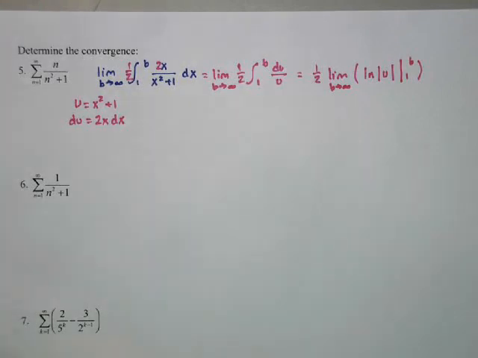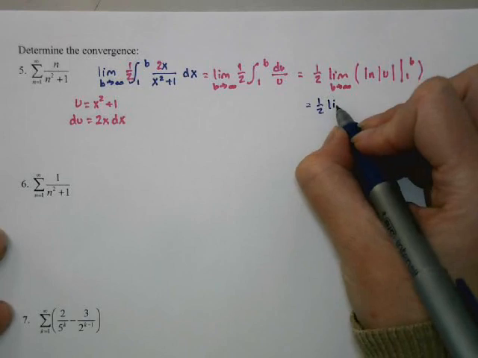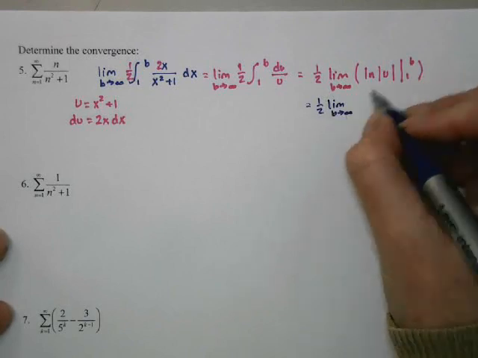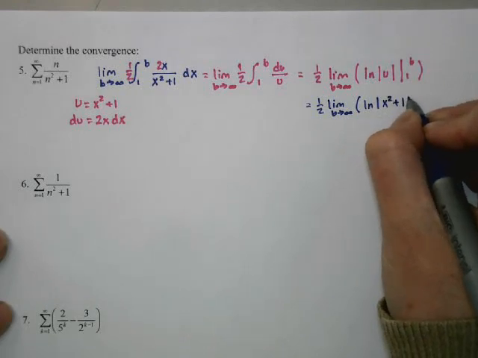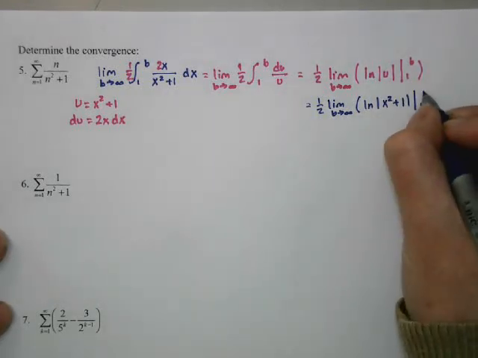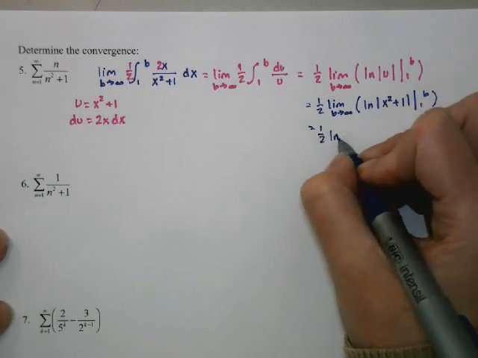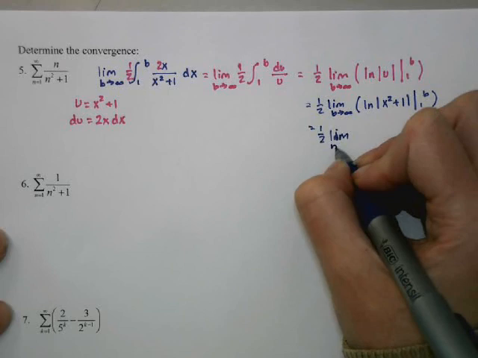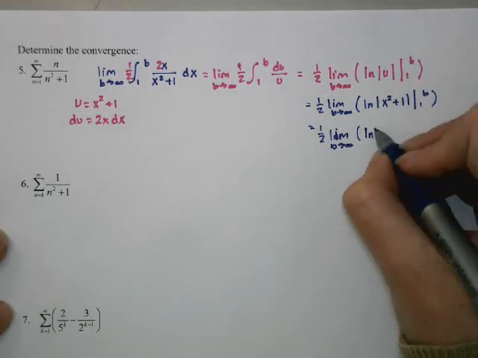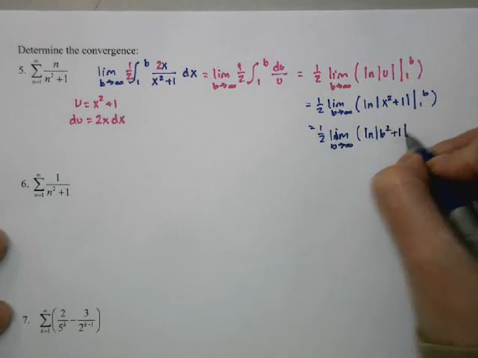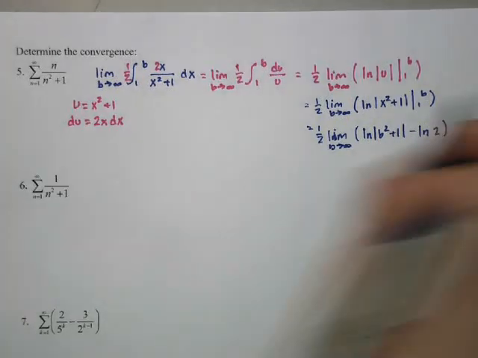I'm going to go back to the x's, although that's not really going to change much. Because they really have natural log of x squared plus 1, which we're going to evaluate from 1 to b. So we're going to have the natural log of b squared plus 1 minus natural log of 2.